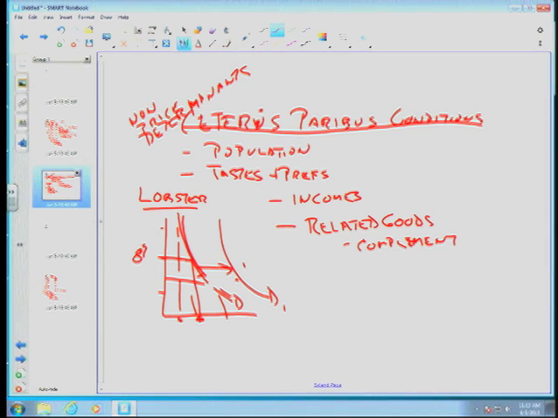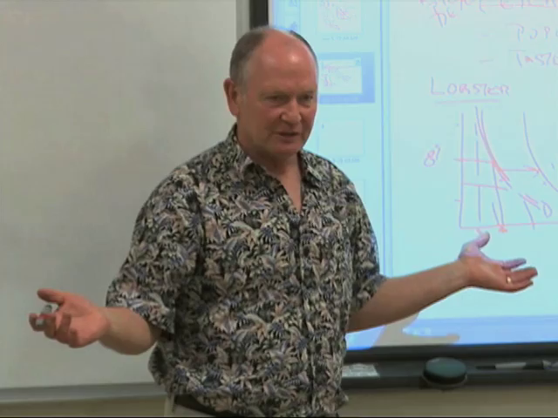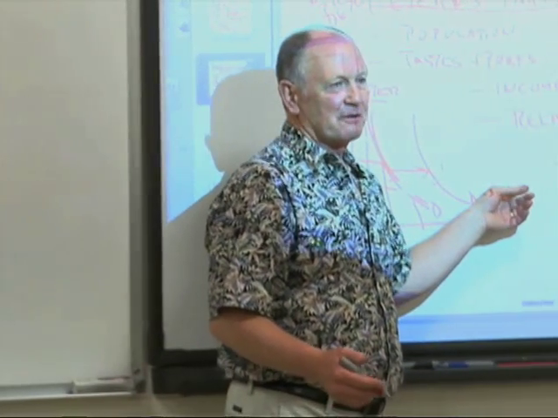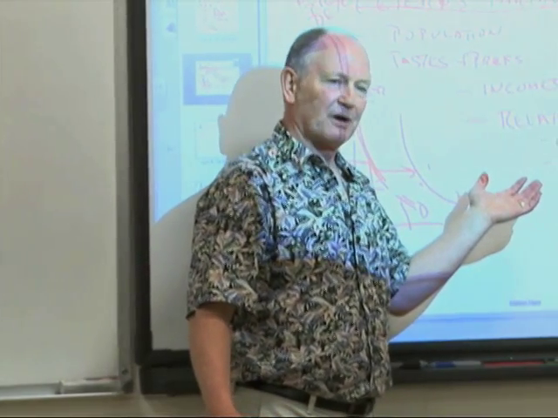Compliment, you look really good today. Complements, you'll have to refer to your book for the proper spelling because you probably can't read that. And substitutes. Complements: if I buy coffee, I always buy a donut. Substitutes: if I can't get coffee, I buy tea.